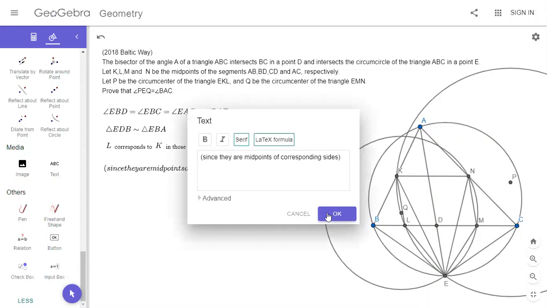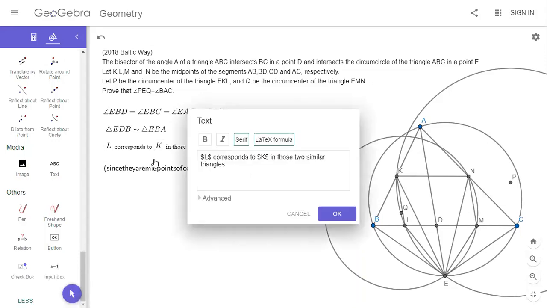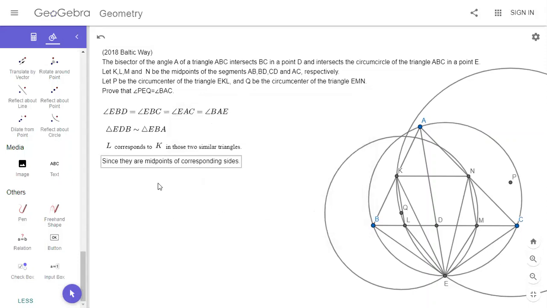Whoa, what? Huh. What is going on here? But do I have to make it serif? What? I'll just leave it like that.